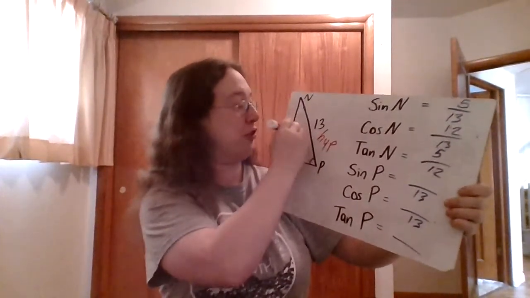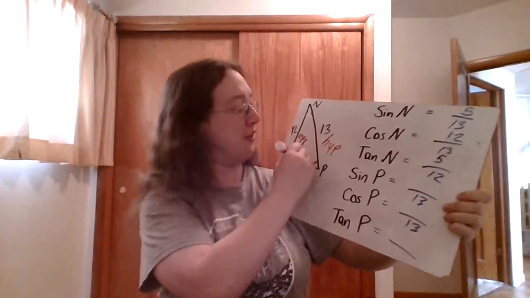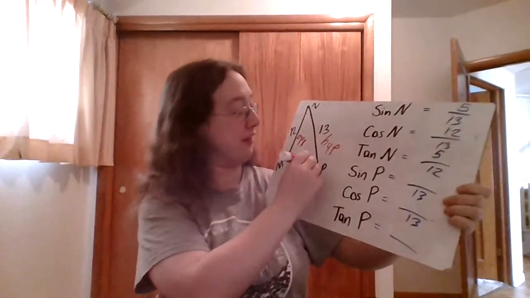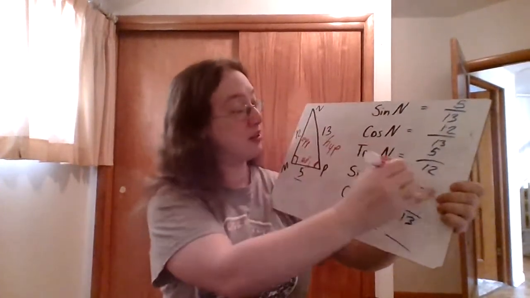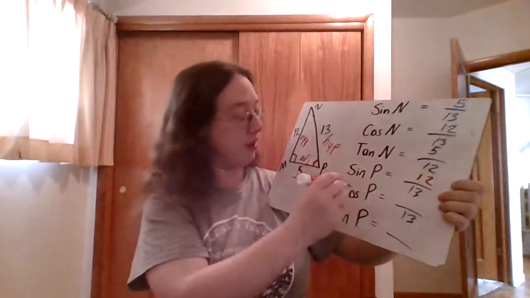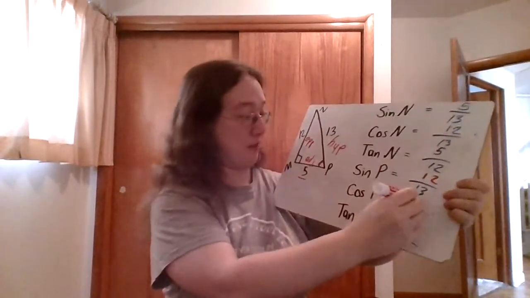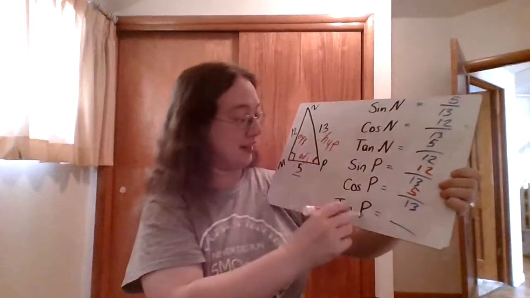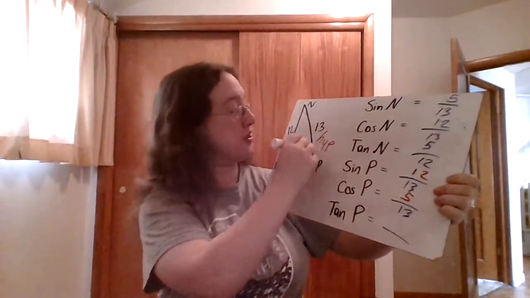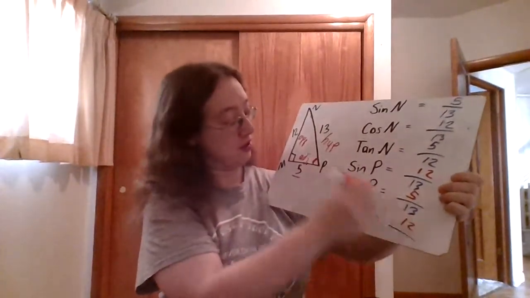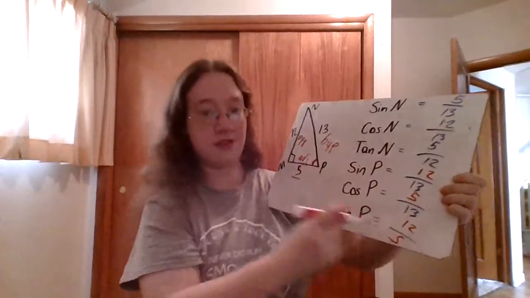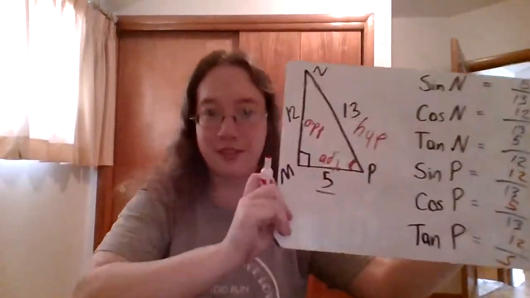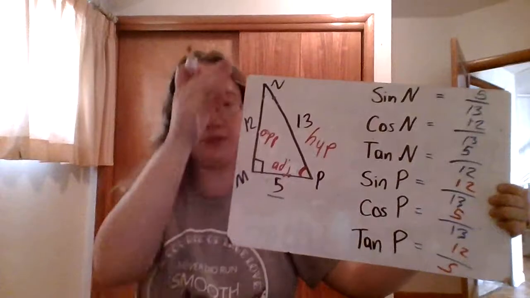So now this is your opposite side, and this is your adjacent side. So the sine is your opposite over your hypotenuse. Cosine is your adjacent over your hypotenuse. And tangent is your opposite over your adjacent.